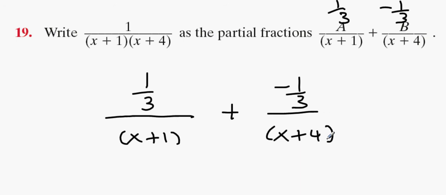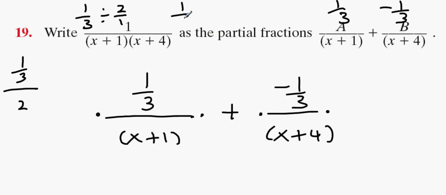Now, what you can do with fractions, if you remember, is if we had a third divided by 2, and we would have written 2 as 2 over 1, what we would have got was a third multiplied by a half. So we would have turned the bottom one upside down and multiplied it, okay?